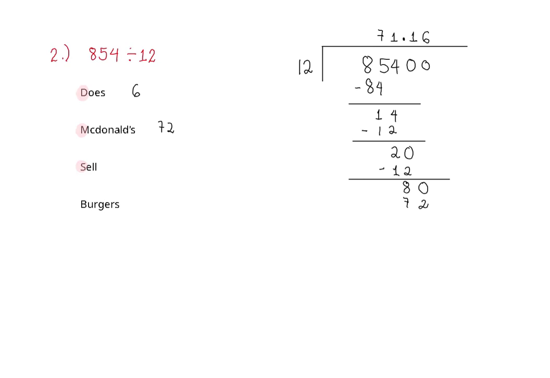Subtract 72 from 80, we get 8. And we're left with 8 again. We bring down another 0, making it 80 again. These steps will repeat and will keep getting the number 6 over and over.